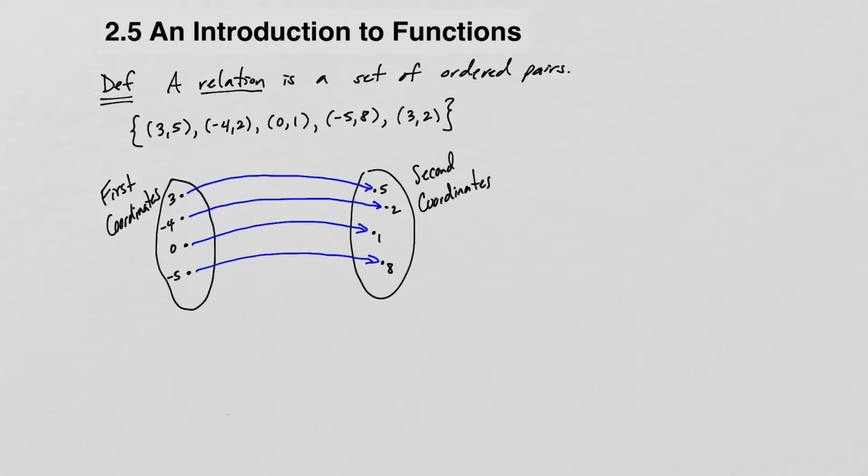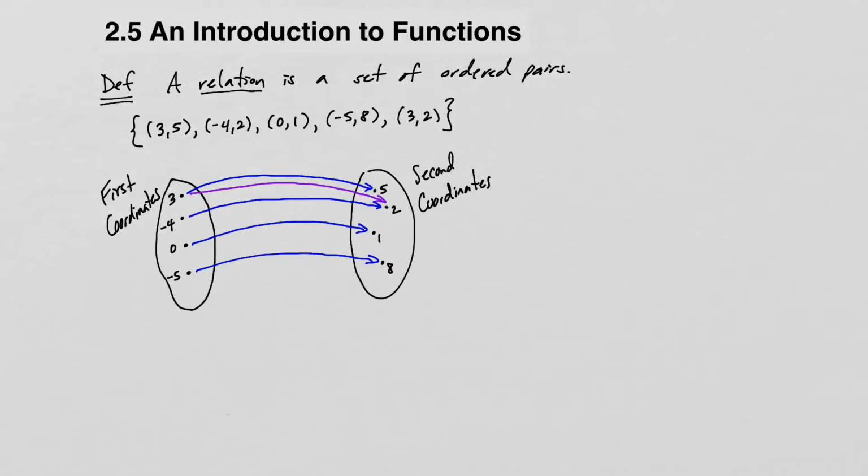And then for our last one here, it says 3 corresponds to 2, which is interesting because the first ordered pair said that 3 corresponded to 5. I'm going to draw that in a different color just so you can see it a little bit better. If 3 corresponds to 2, then it looks something like this. And this is a little bit problematic.